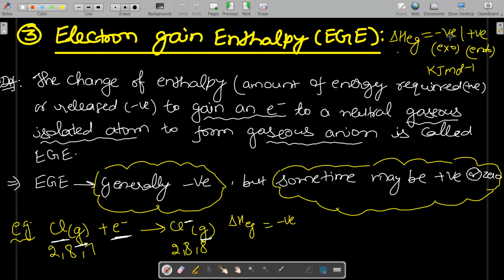Electron gain enthalpy is generally negative but may be positive. The unit of electron gain enthalpy is kilojoules per mole. Example: Cl has a tendency to gain an electron to complete its octet, and delta Heg is negative.